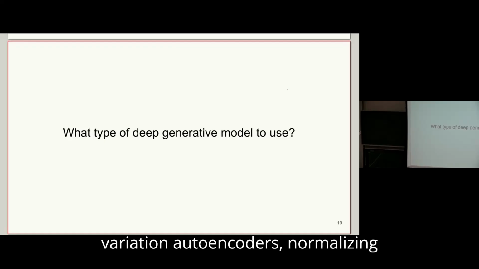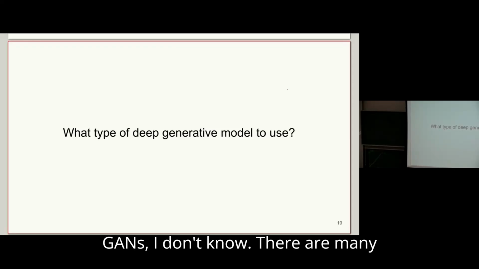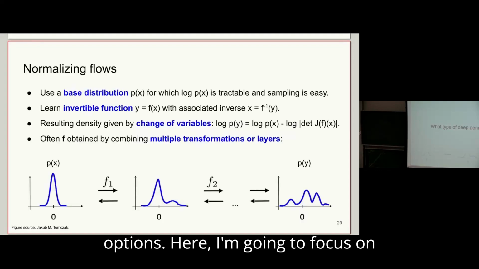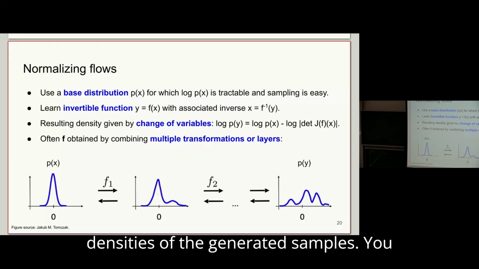You may have heard about variational autoencoders, normalizing flows, diffusion models, flow matching, GANs, I don't know. There are many options. Here, I'm going to focus on normalizing flows for different reasons that are going to be useful in our setting. They will give us densities of the generated samples.